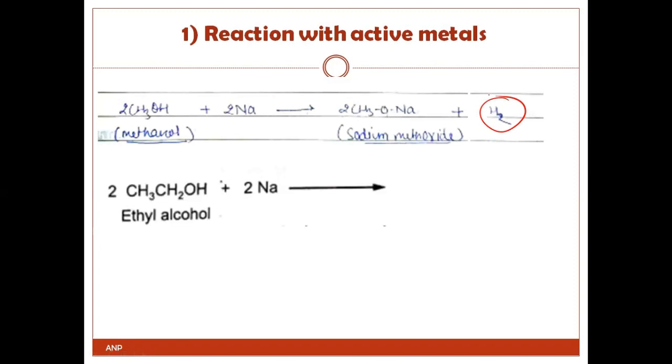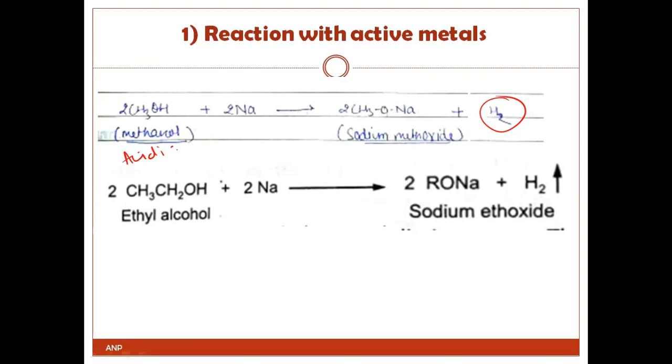Ethanol reacts with sodium and gives sodium ethoxide. So this reaction shows that alcohols are acidic in nature. The reason for this is that the OH bond in alcohols is polar and allows the release of the hydrogen atom as a proton.